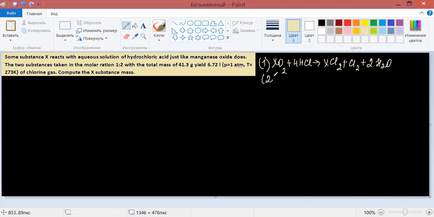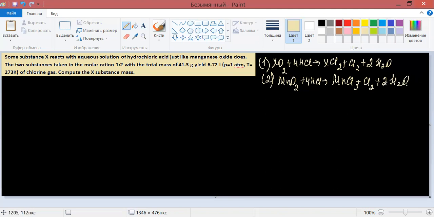And the other reaction is manganese oxide, MnO2 plus 4HCl, and we've got manganese chloride plus Cl2 and plus 2 moles of water.